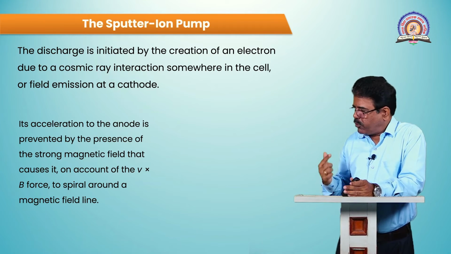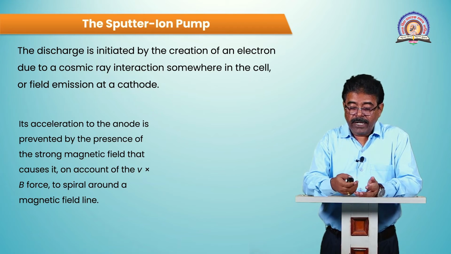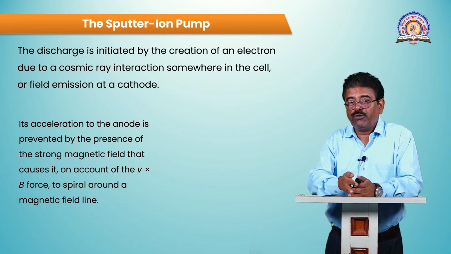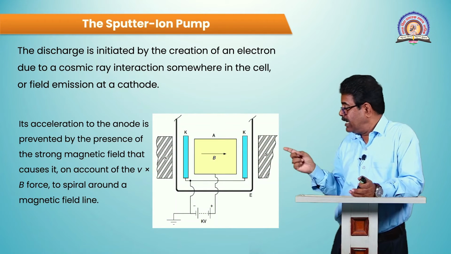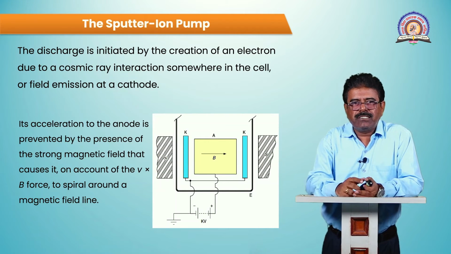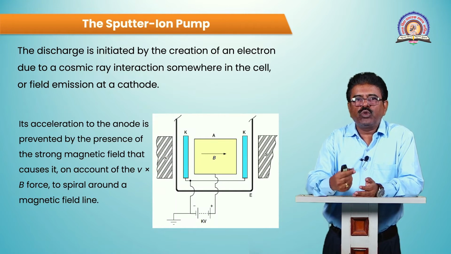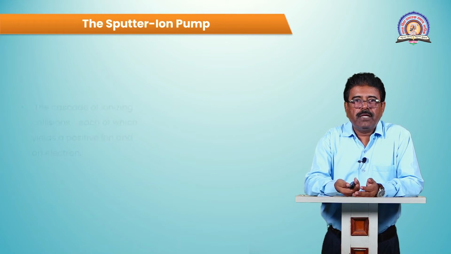Because of this force, what will happen? The electron will spiral around the magnetic field line. You can see I have shown the magnetic field line here along that cylindrical anode. Along its axis, the magnetic field is shown. So the electron will spiral around this central anode.